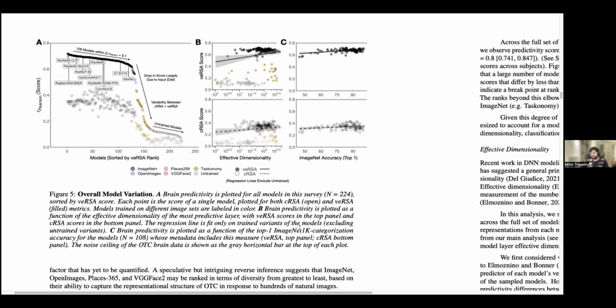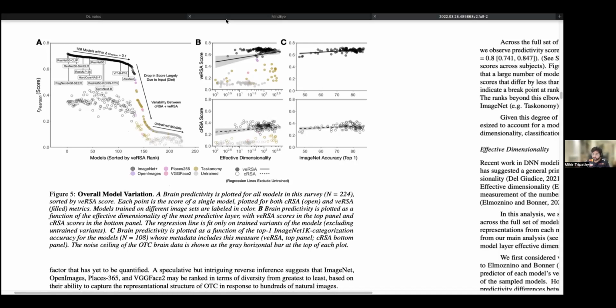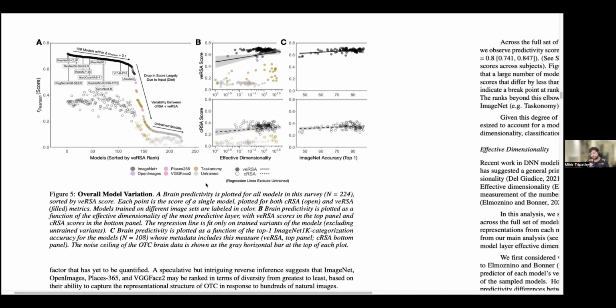What about Open Images? I thought that was an ImageNet replacement. No, it's just focused on objects. It's not as diverse as ImageNet, although it is much larger, but not as diverse. So you can't really even compare with ImageNet.